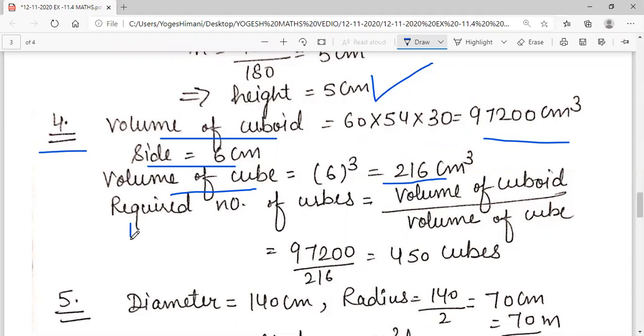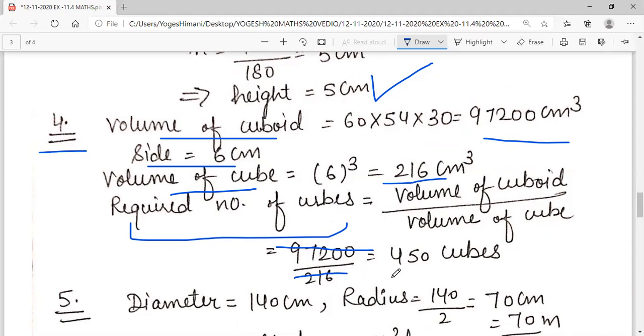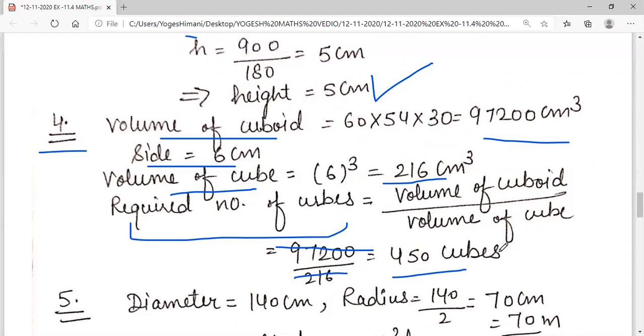So the required number of cubes will be equal to the volume of the large cuboid divided by the volume of the cube. After doing the division, we will get the answer 450. That will be 450 cubes.